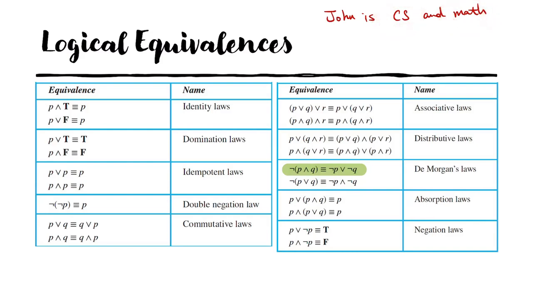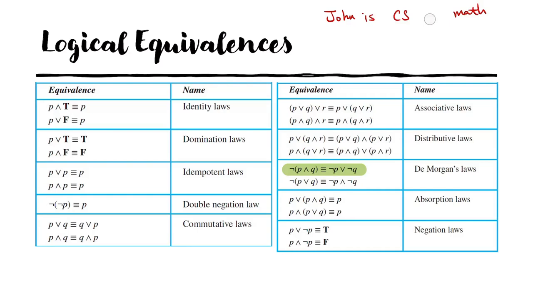As long as John is not a CS major or John is not a math major, it will contradict that John is a double major in CS and math. You don't need to negate both. So when we negate that, you need to change the and to an or.